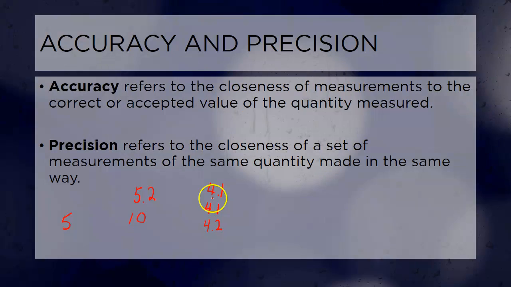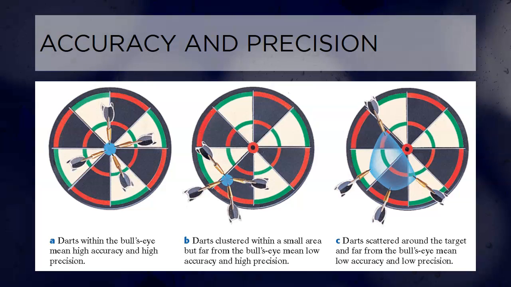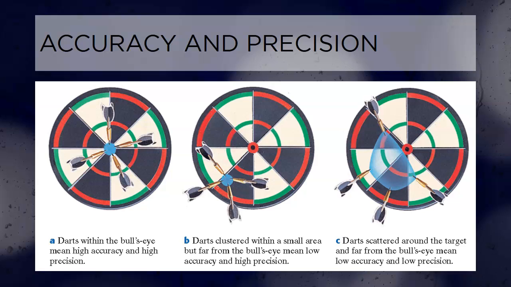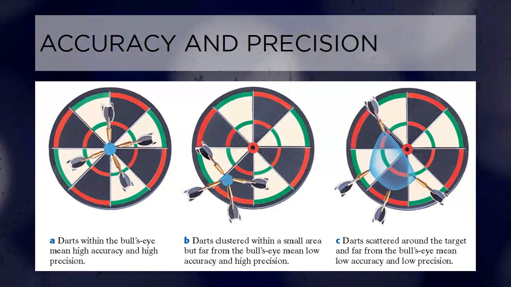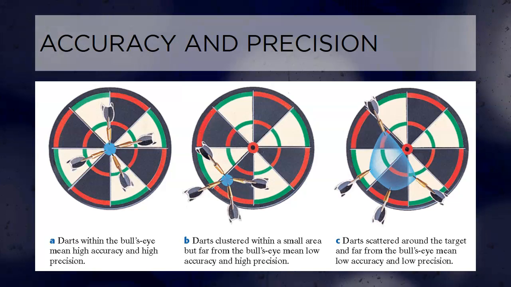And it might be easy to see with a set of darts to visualize accuracy versus precision. If I throw darts at a dartboard and I get them all right on the bullseye, right on target within that circle, that's high accuracy, and I'm doing it over and over again, so I'm doing it with high accuracy and high precision.